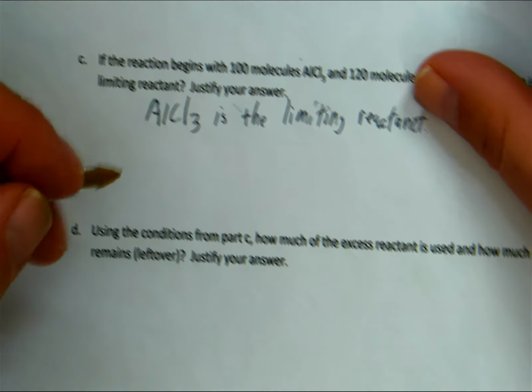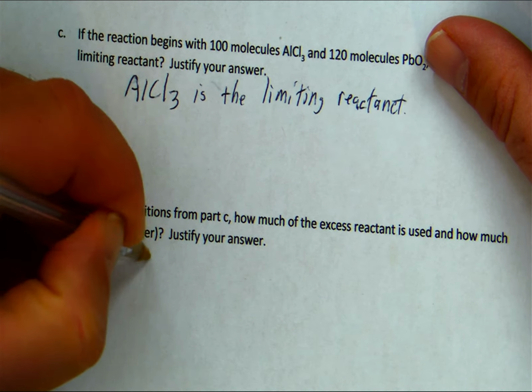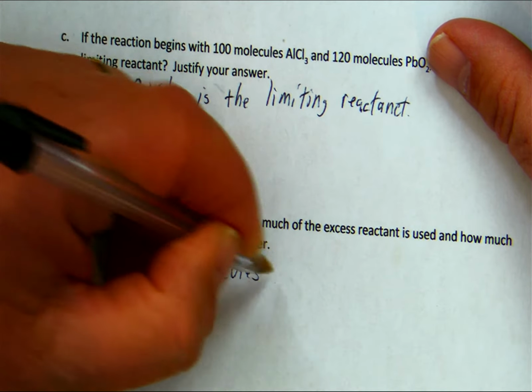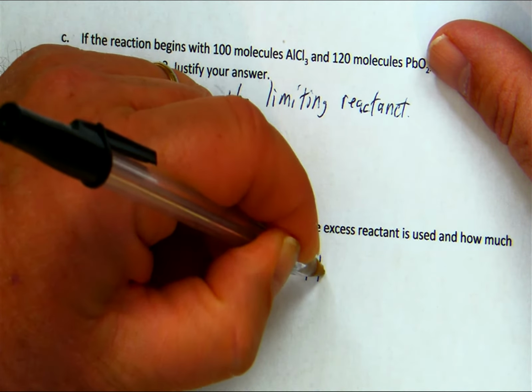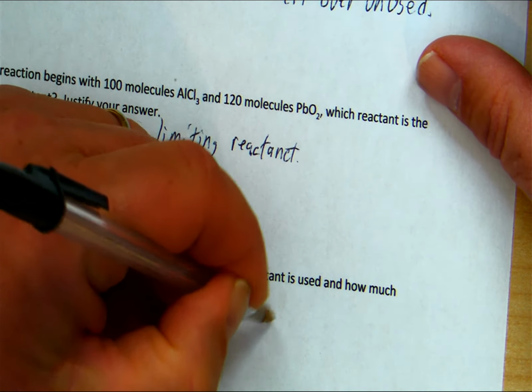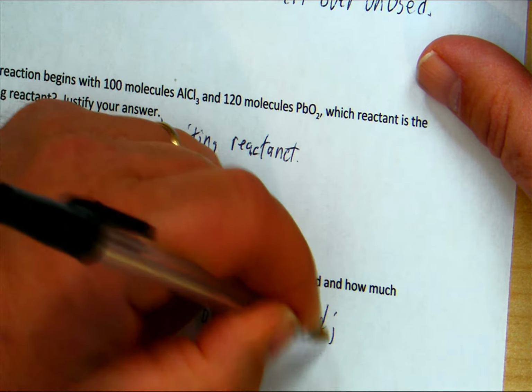And in part D, I would say 75 molecules of PbO2 are used; semicolon.